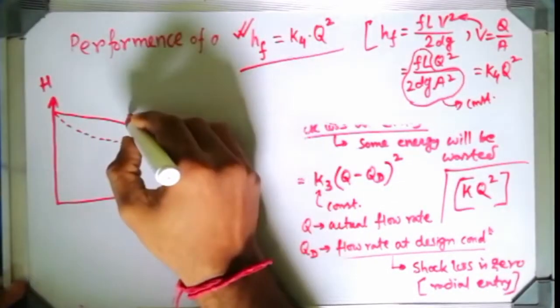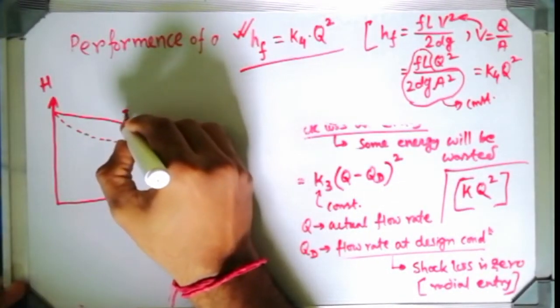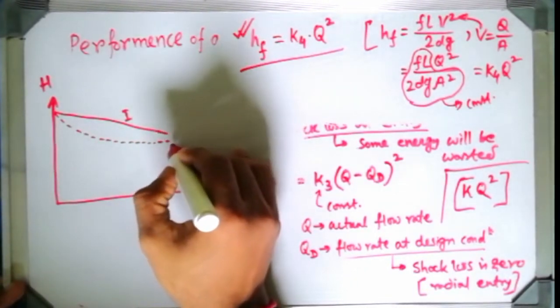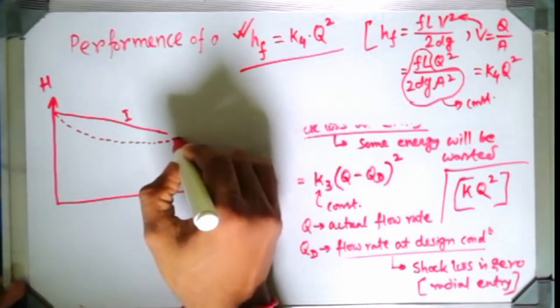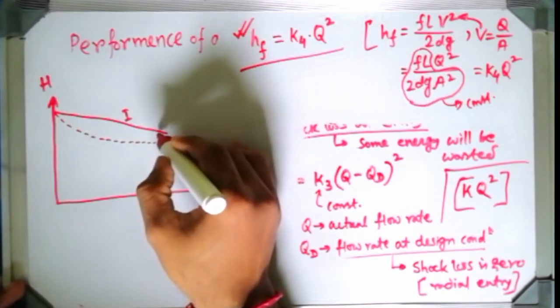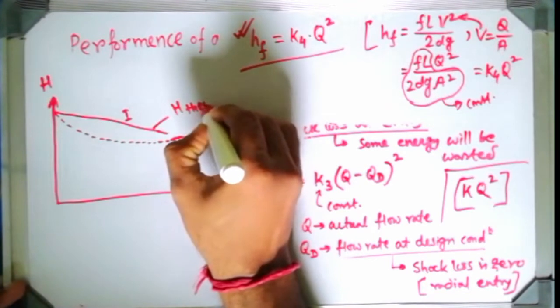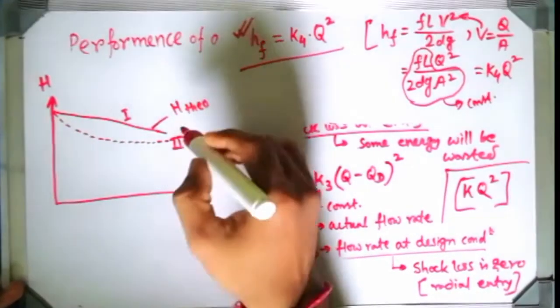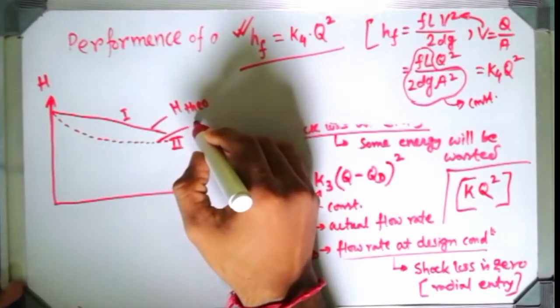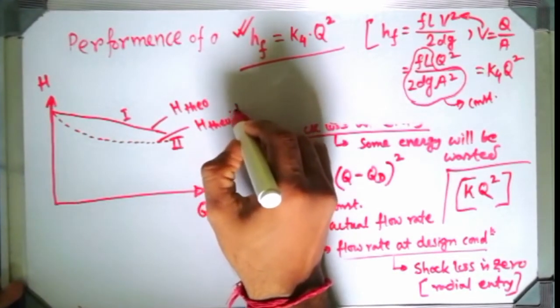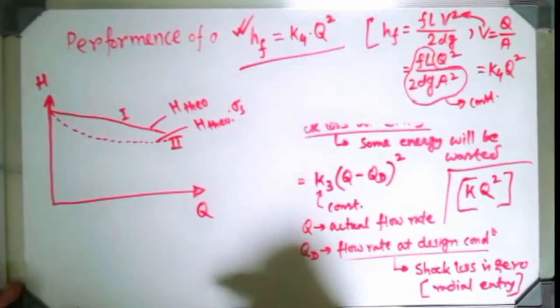So I named the first curve Roman 1, and the second one Roman 2. Already I have explained this one is the H theoretical curve, and this curve is H theoretical times sigma s, that is the slip factor.